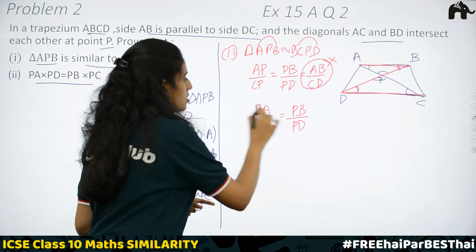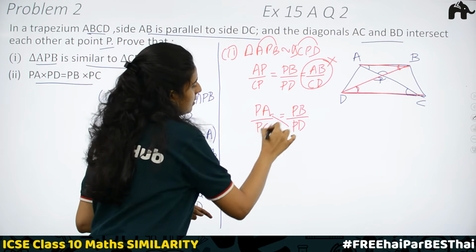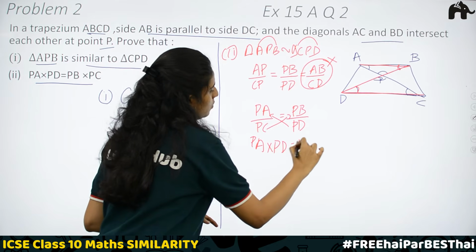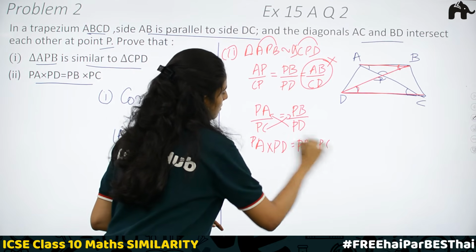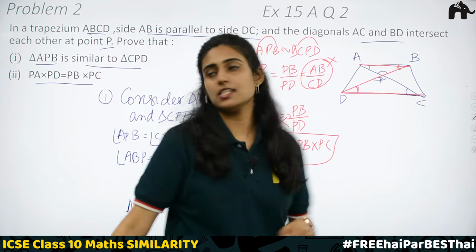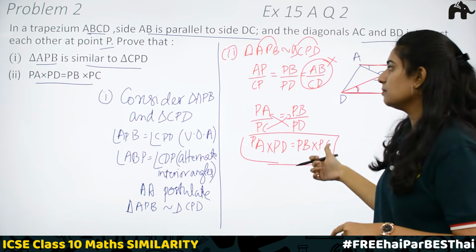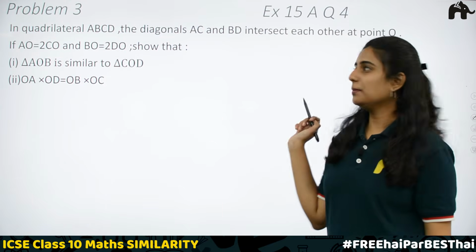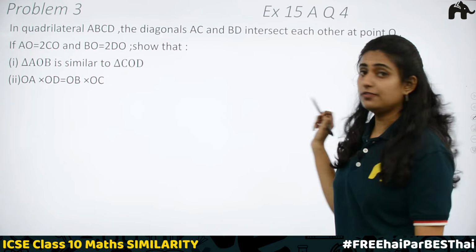Now, cross multiplying, we get PA into PD is equal to PB into PC. This is what we have to show. Got it?